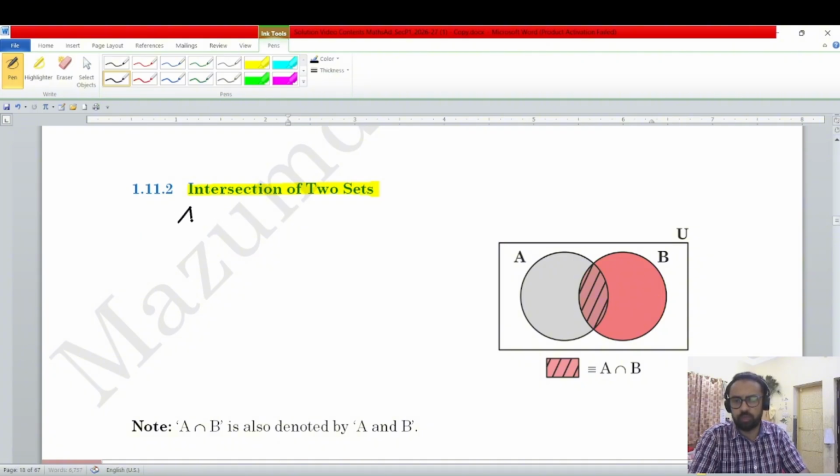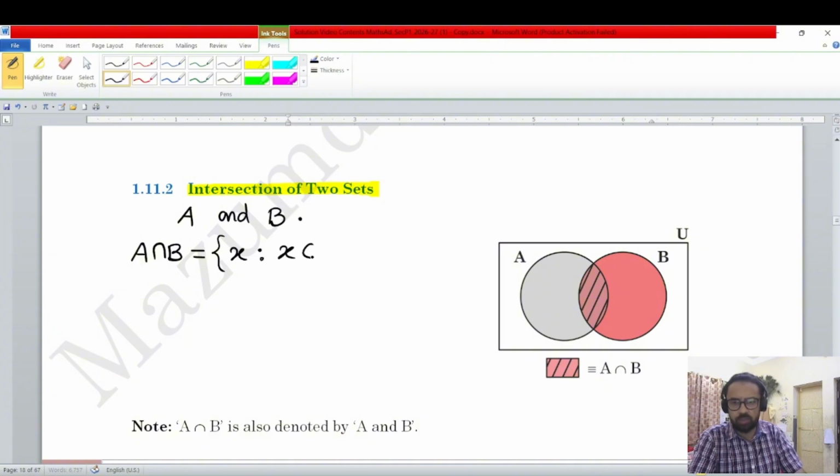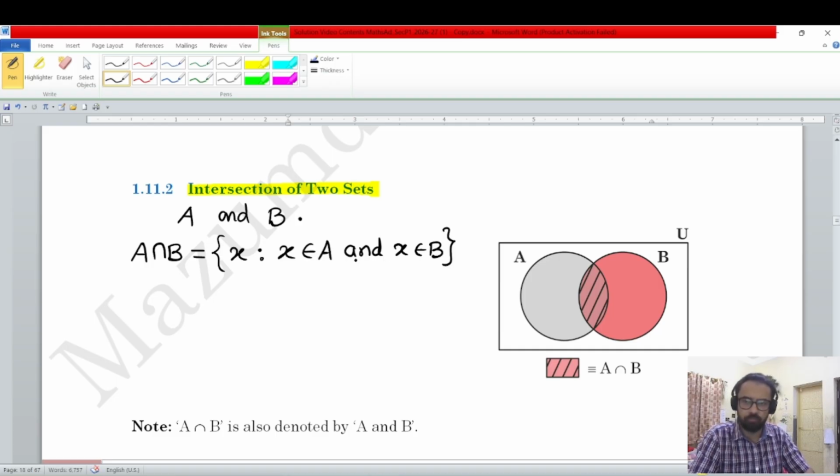Suppose you have two sets A and B. If you want to find A intersection B, the symbol is like this, the intersection symbol, and the definition will be all those X such that X is in A and X is in B. Remember in union it was OR, and in intersection it is AND.